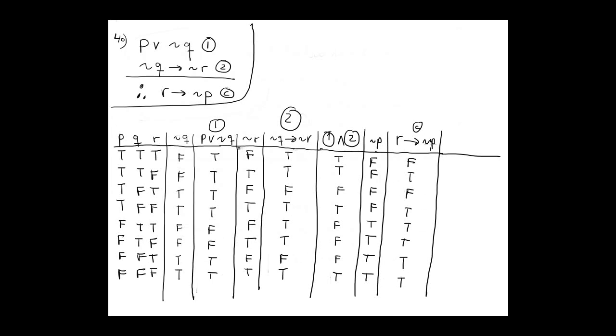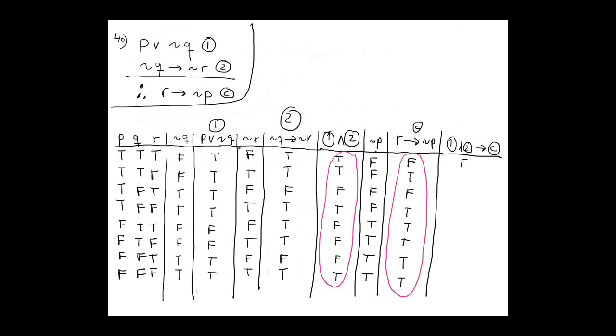Okay, finally premise 1 conjunction premise 2 conditional with the conclusion. Basically we are working with this column, the antecedent, and this column, the consequent. It's only false when the antecedent is true and the consequent is false.